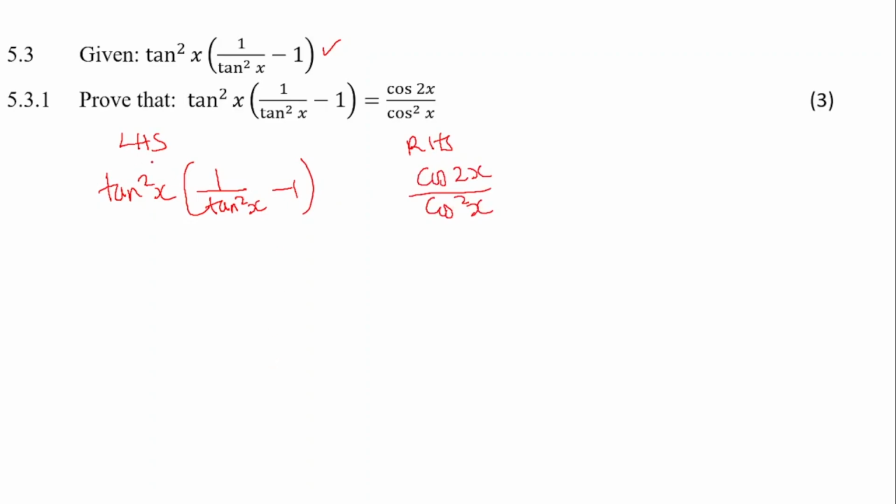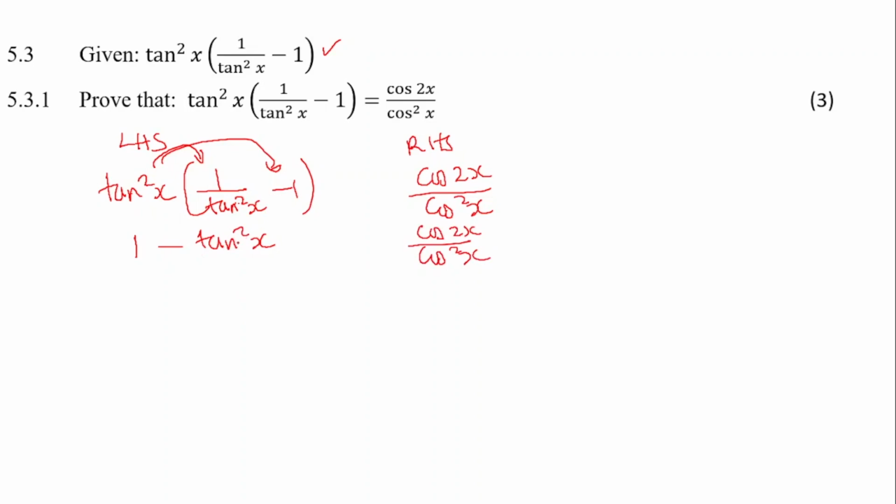Right, this left hand side looks complicated, so let's work with it. So let's distribute tan squared x. That would be tan squared x times 1 over tan squared x, that is 1, and then minus tan squared x, like that. And then right hand side we have cos 2x over cos squared x.